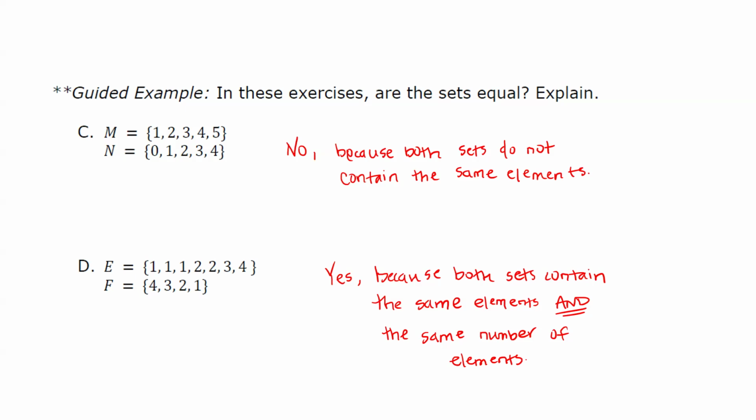They both have 1, 2, 3, and 4. Regardless of order or repetition, they're equal. Now, are they equivalent? Yes, they are also equivalent because they both have a cardinal number of 4. Remember, equivalency is based off of the distinct number of elements within the set, regardless of repetition. Okay. All right. That concludes section 2.1.